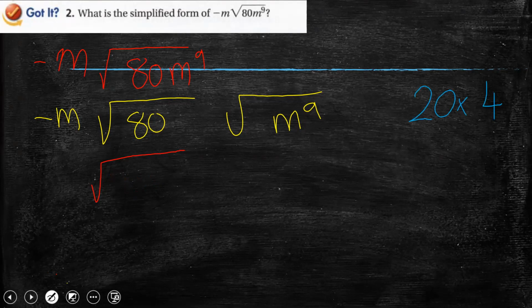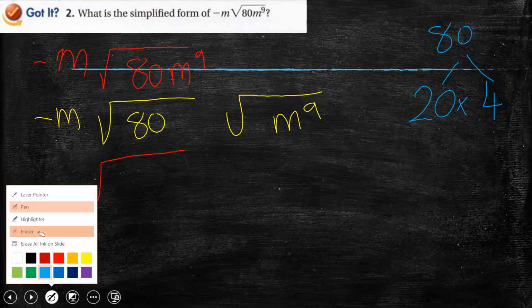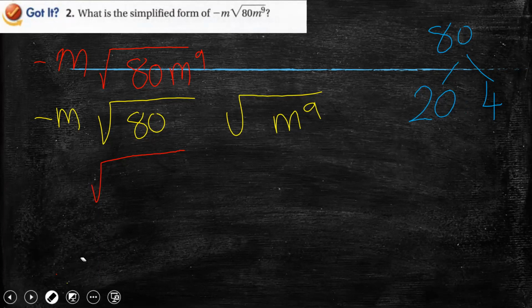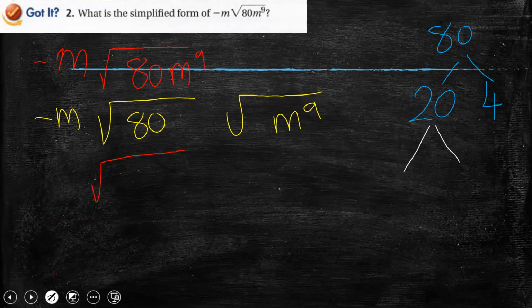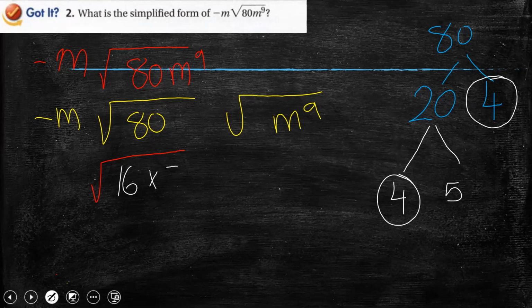Okay, we said that 80 is 20 and 4. Then I want you now to factorize 20. It is 4 and 5, is it right? Yes. So I can write it as 4 squared, which is 16, times 5.